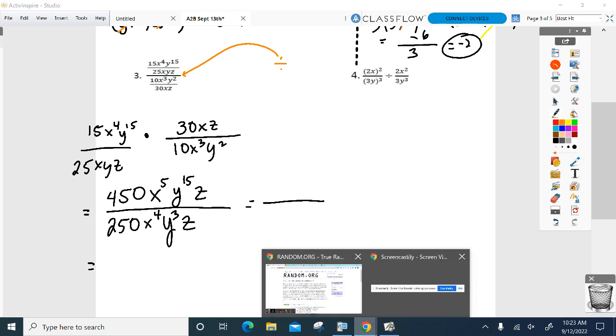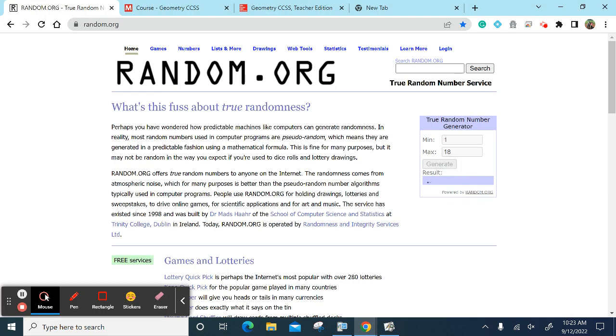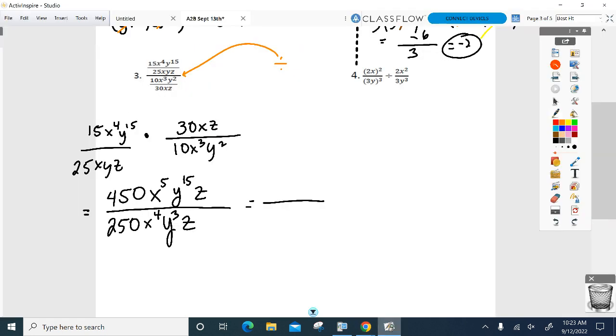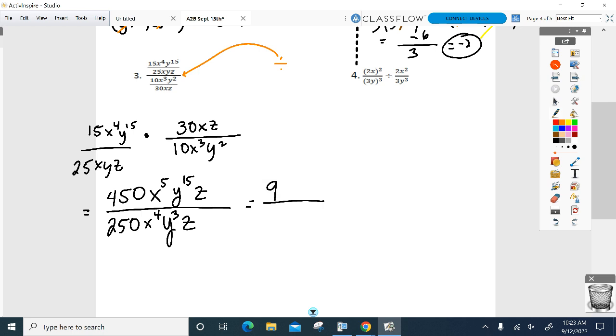Let's see, after that's all reduced. 15? Okay. How about a 14? I got 9x y to the 12th then z.